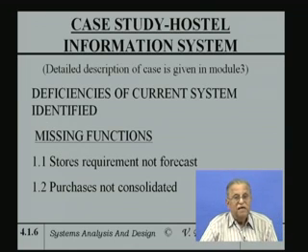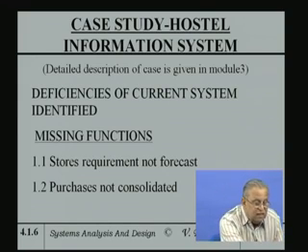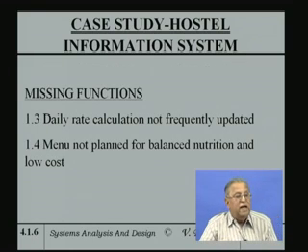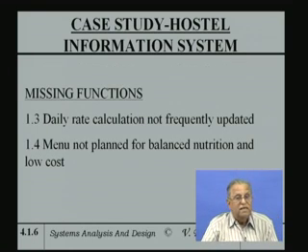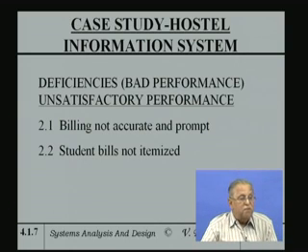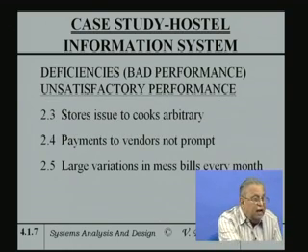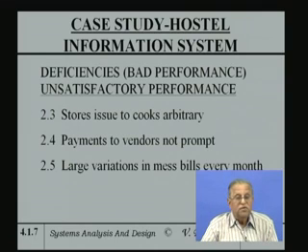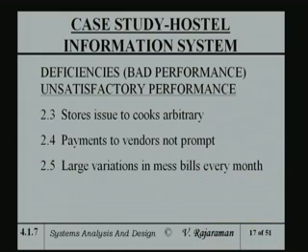We said that the missing functions were: stores requirements were not forecast, purchases were not consolidated, daily rate calculation was not frequently updated, menu was not planned for balanced nutrition and cost, and billing was not accurate and prompt, and student bills were not itemized. This is all unsatisfactory performance. And stores issued to cooks is arbitrary, payments to vendors is not prompt, and there are large variations in the mess bill every month, which students do not like.